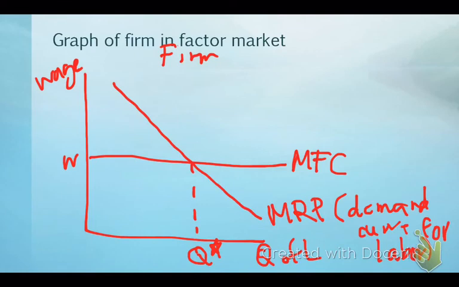Now, please learn this graph, review this graph. I don't know why, but students have a mental block on the graph of the firm in the factor market. It is a very simple graph. Downward sloping MRP, horizontal MFC. It never fails. On the unit test, more than 50%, maybe 75% of the people will not get this graph.